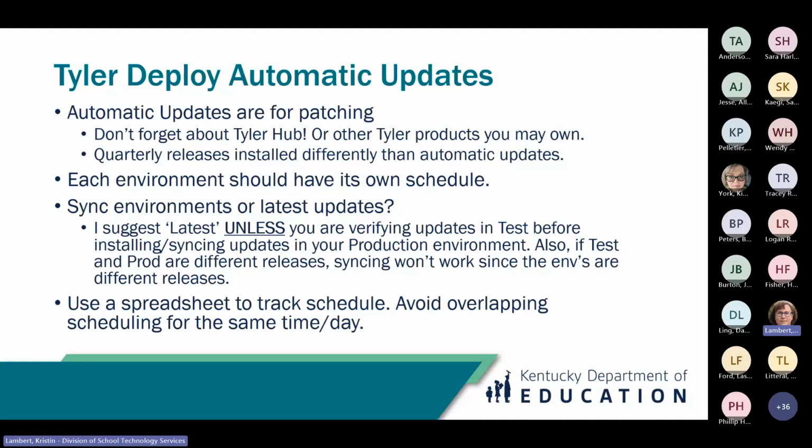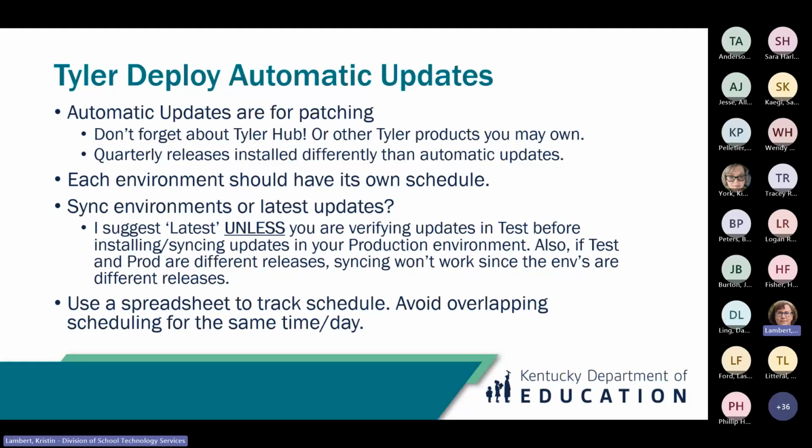Each environment should have its own schedule. And one thing I've noticed is some districts have their live environment set to sync from their test environment. That is fine, and you can continue to do that, but there's a problem if your production environment is a different release from your test environment.